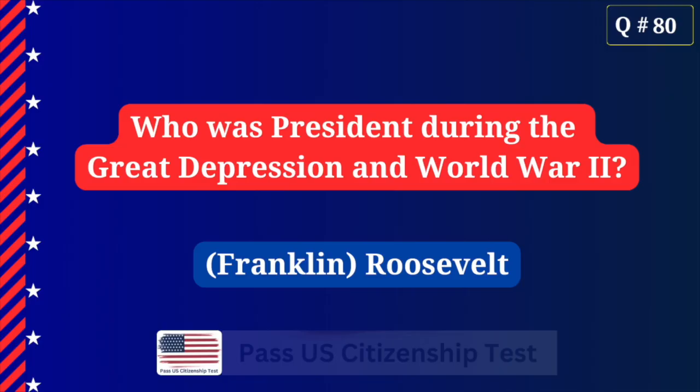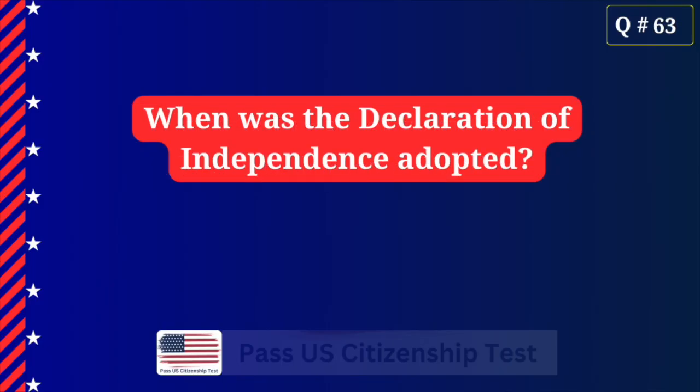Franklin Roosevelt. When was the Declaration of Independence adopted? July 4, 1776.